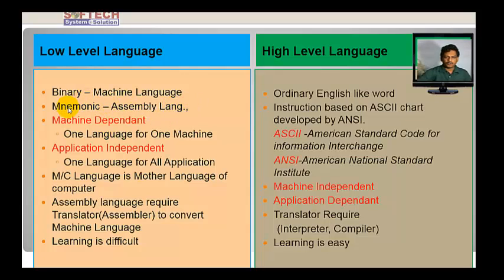So they invented assembly language, because machine language is very difficult to learn. Assembly language was invented to overcome the problem, so it is easy compared to machine language. It also has symbols. This form is the mnemonic form, that is, symbolic or mnemonic representation.